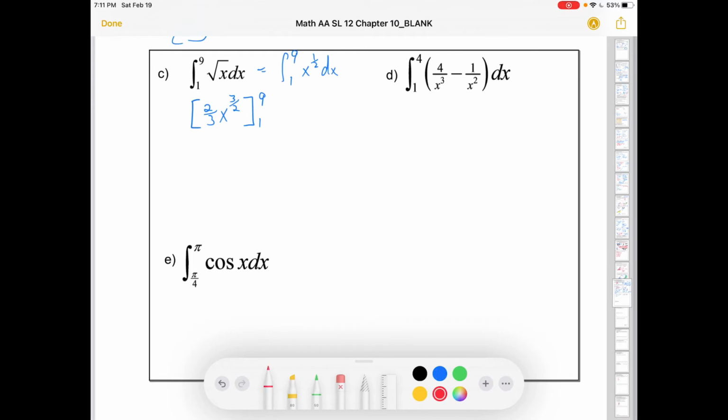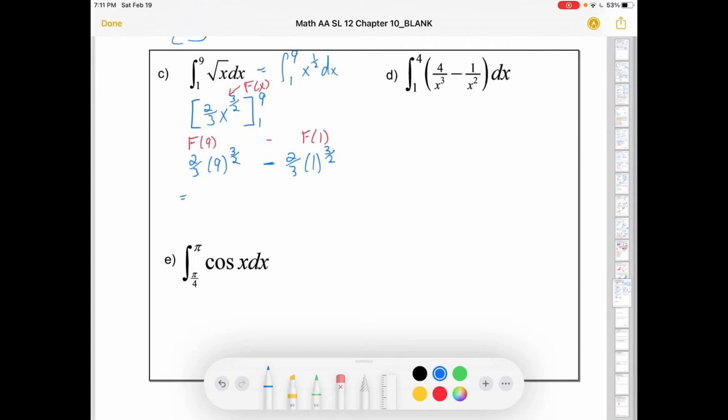But now, there's my big F of x, my antiderivative. I just need to go big F of 9 minus big F of 1. So that is 2/3 times 9 to the 3 over 2 minus 2/3 times 1 to the 3 over 2.